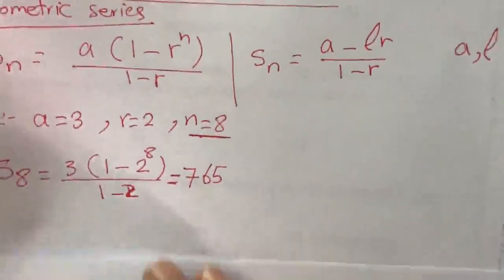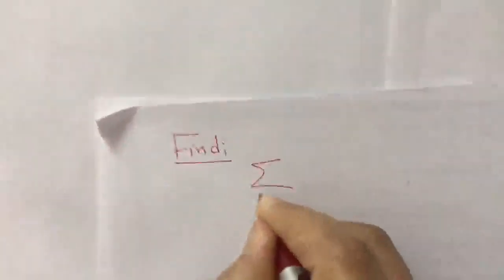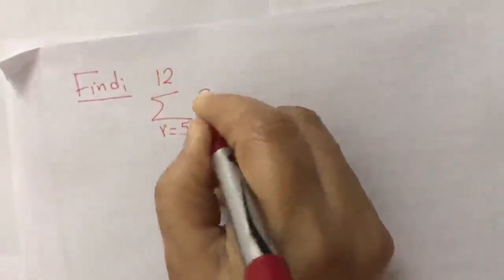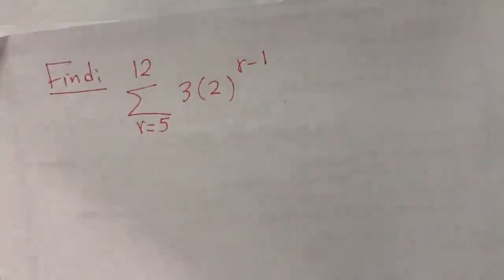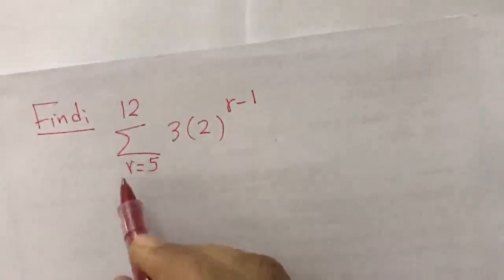Okay? We'll go to another exercise. If I say for you, find the summation from r equals 5 to 12 of 3 times 2 to the r minus 1. In this case, you took the summation notation rule before.